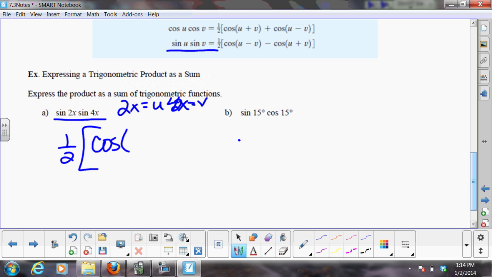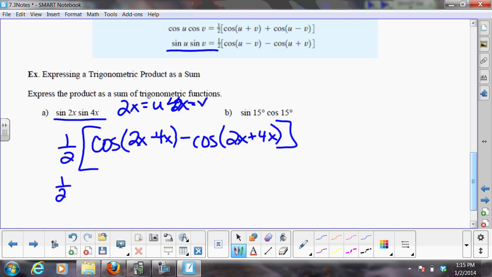Cosine of 2x minus 4x minus cosine 2x plus 4x. So 1/2. Cosine 2x minus 4x is negative 2x, but cosine of a negative angle is its positive version, so this is 2x. 2x plus 4x is 6x. And we are done.